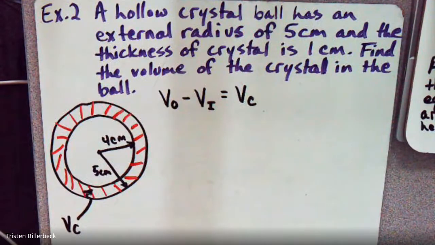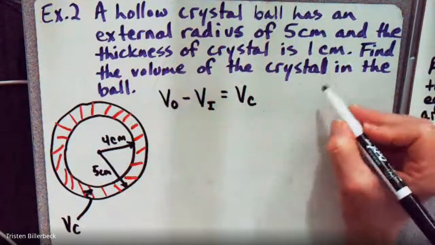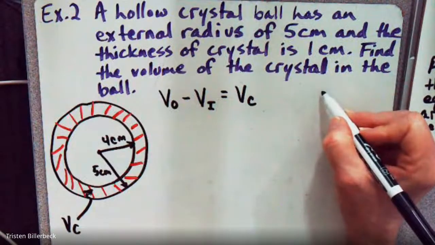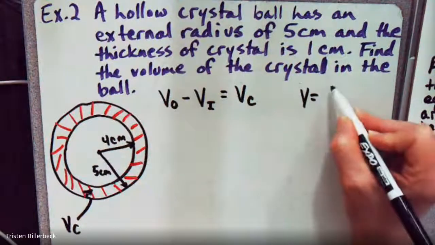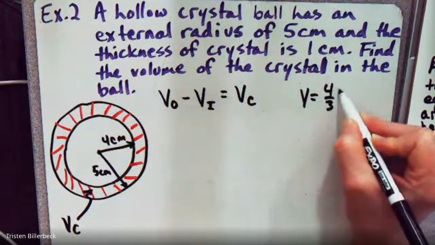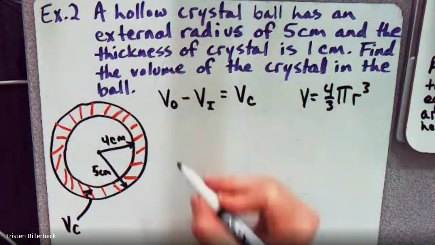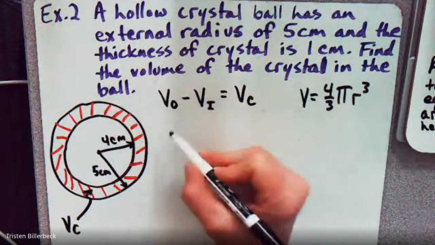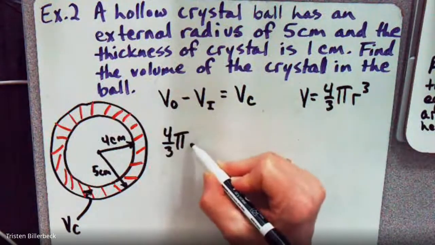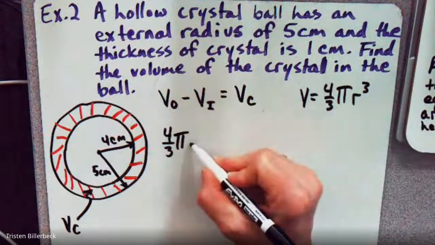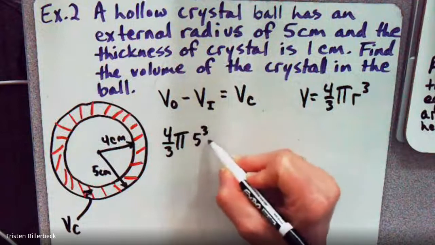Okay, so we're dealing with a sphere, so all formulas have 4/3 pi. The volume of a sphere is 4/3 pi r cubed. So we have 4/3 pi, and the outer one was 5 cubed.